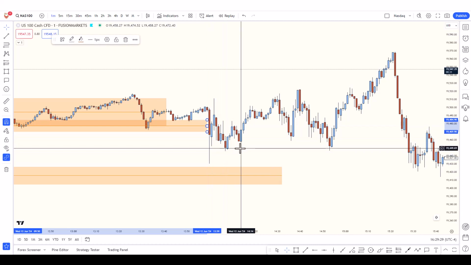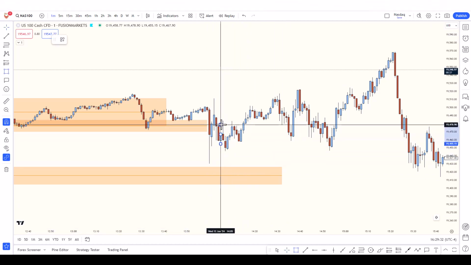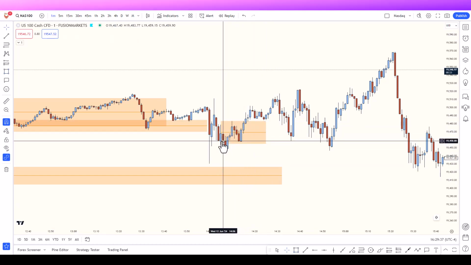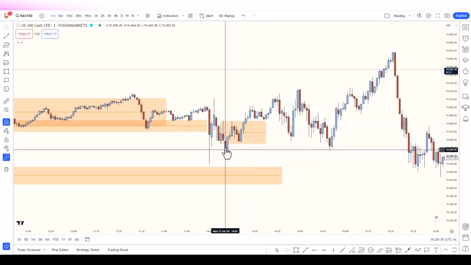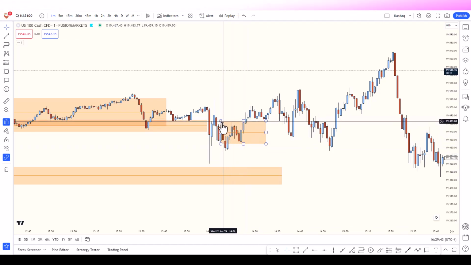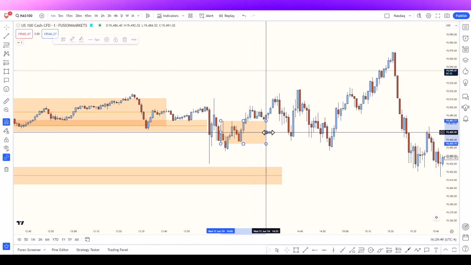So we had this swing from here to here that made a low. We broke that swing, and now it becomes our flip zone.